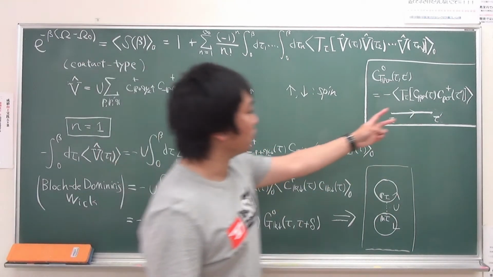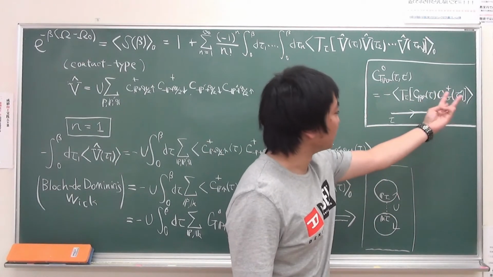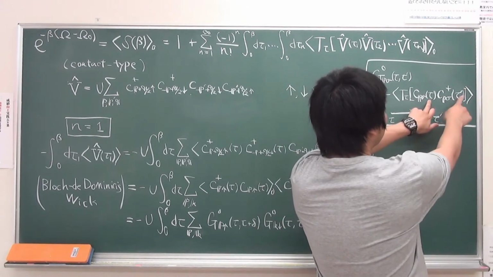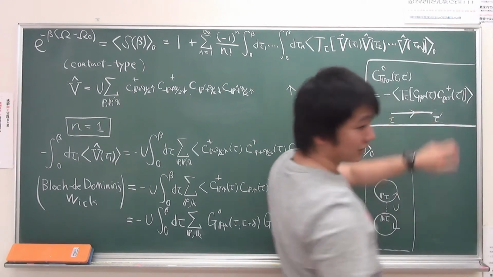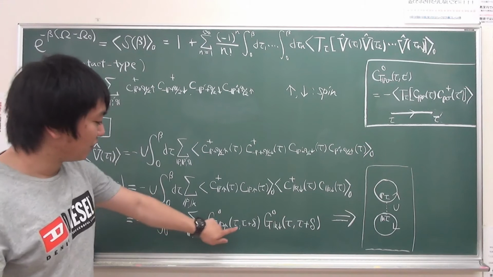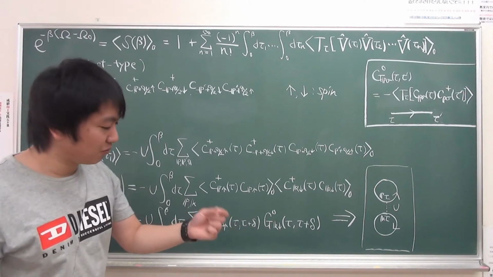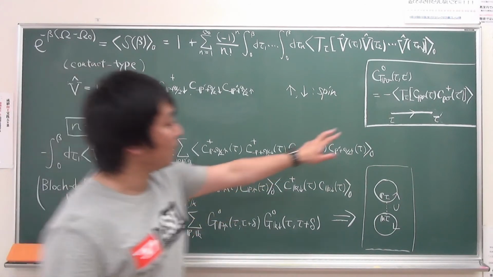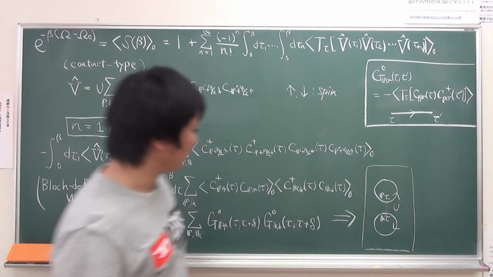Then if we want to flip the order, we consider the case with larger tau prime compared to tau. Then this one is written like this. Now we just put an infinitely small delta to flip the order of these two operators.